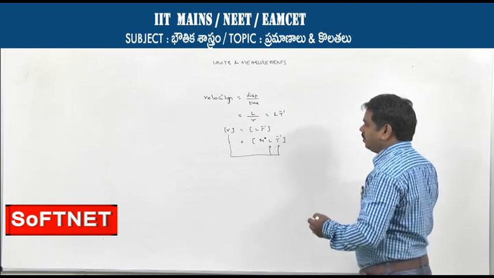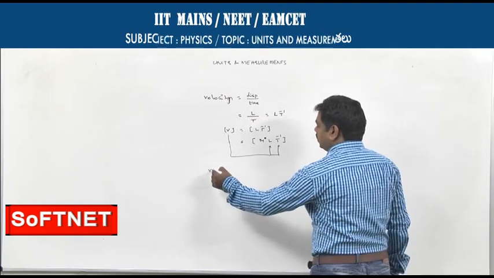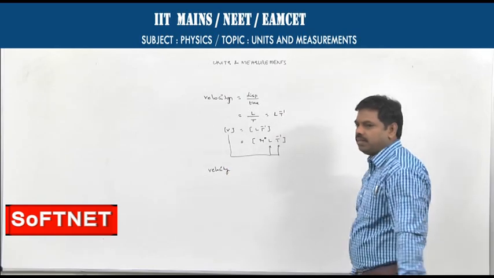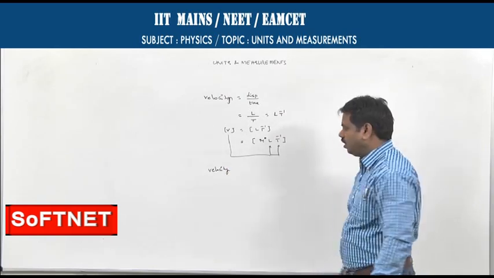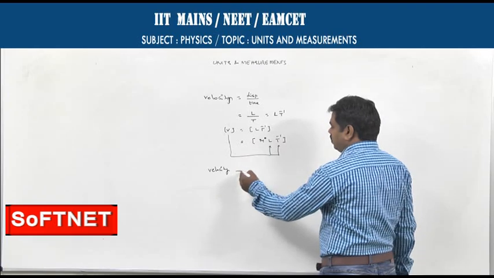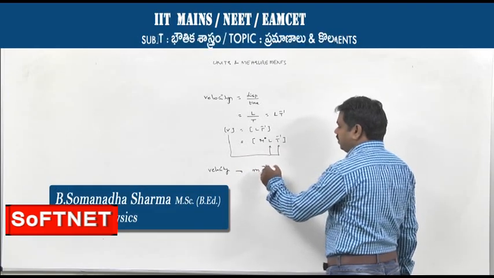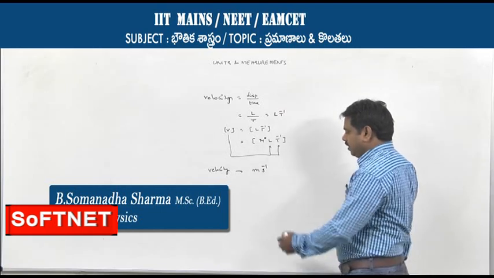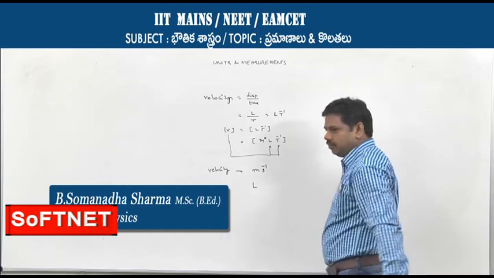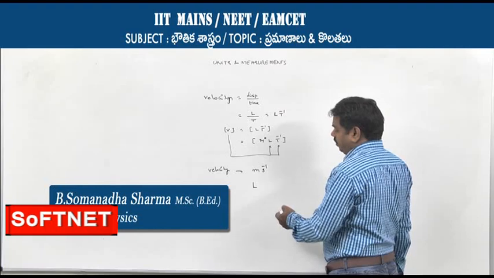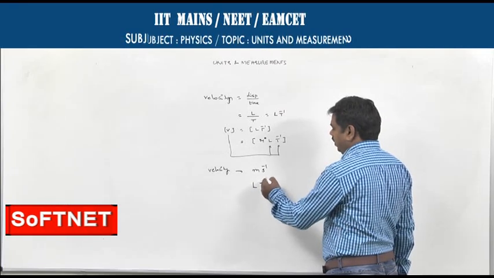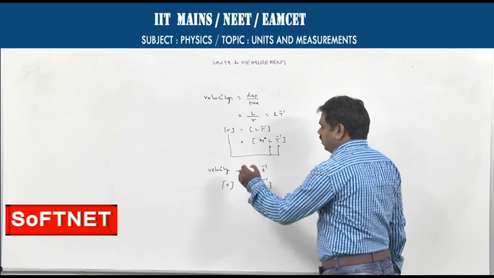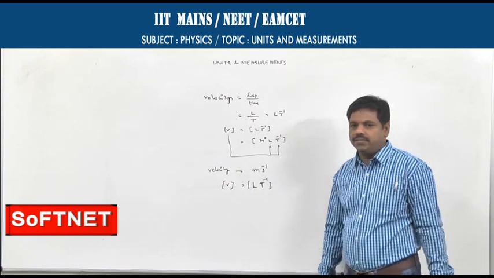Or if you know the unit for velocity, then also we can easily write the dimensional formula. How? The velocity unit is meter per second. Meter is the unit for length, so L. Second is the unit for time, so T inverse. So this is simply called the dimensional formula of velocity.